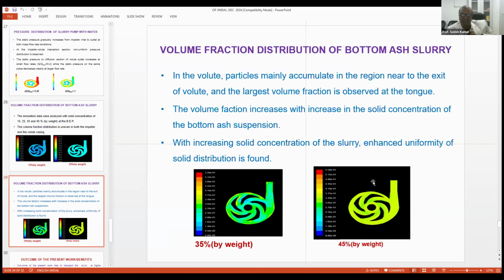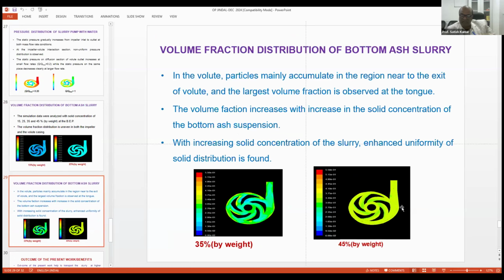And when we reach up to 45%, the solid approximately mixes with the water and we get homogeneous flow in the pump as well as the volute casing.